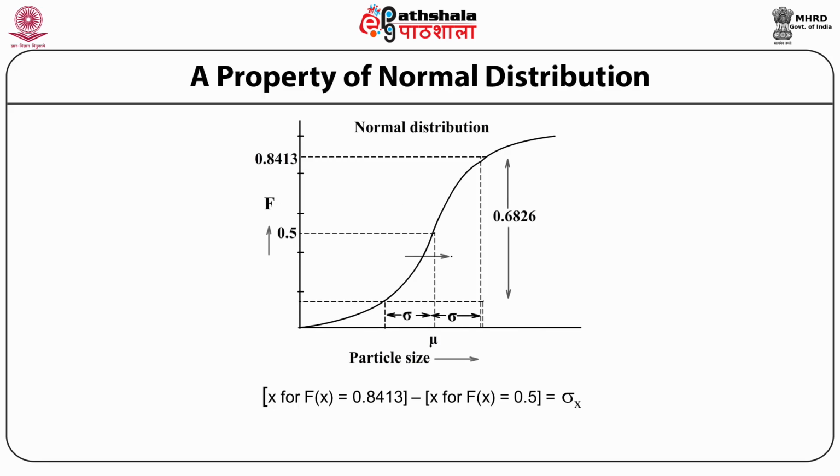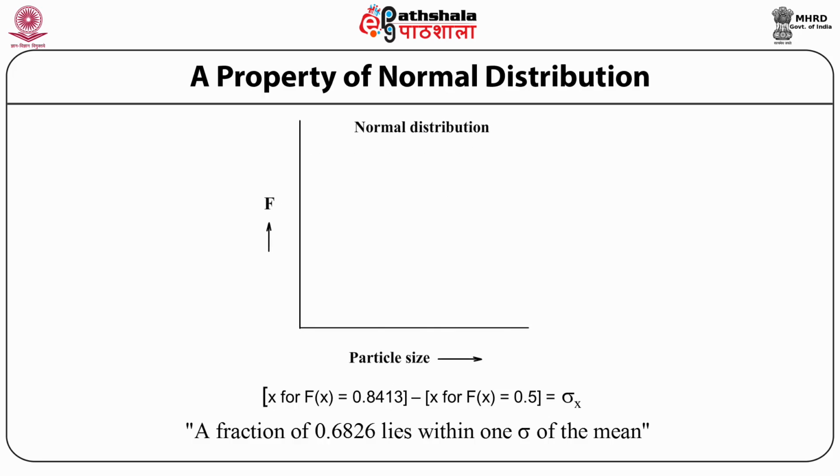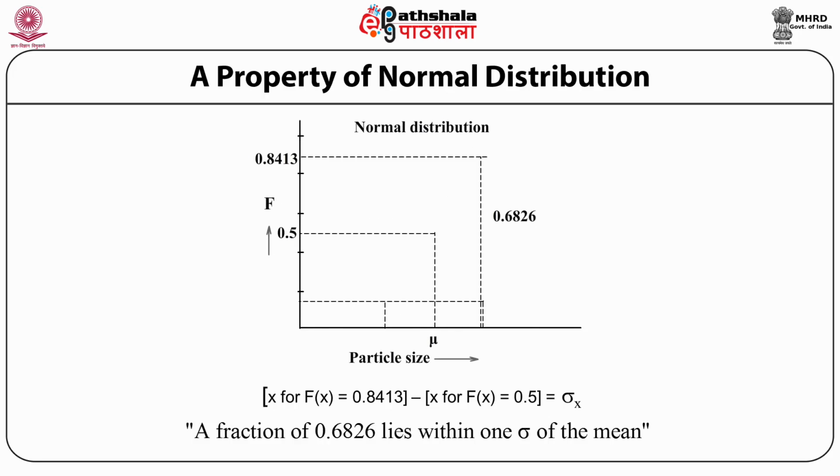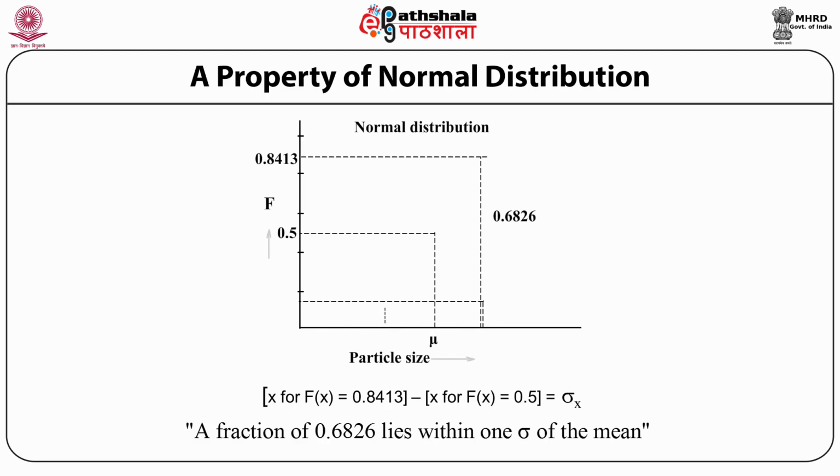This implies that a fraction equal to 0.6826 of the sample lies within one standard deviation of the mean size. The value of standard deviation is thus easily found by subtracting the value of x for F(x) equal to 0.5 from the value of x for F(x) equal to 0.8413 using the cumulative plot.